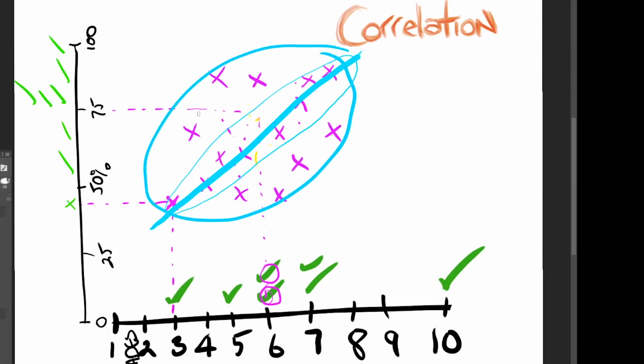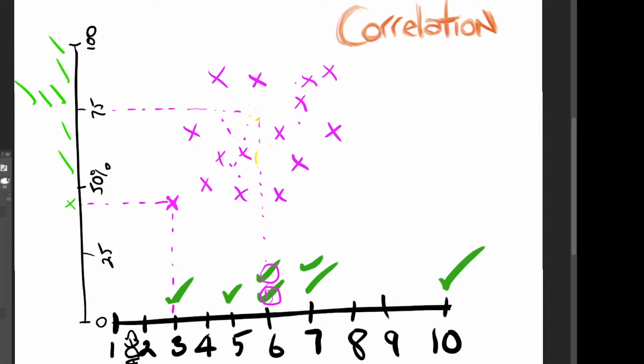Now, the reason for this, if you think about effort and grades, is that we might have this person here who got a 7, but only got a fairly low grade. There's a number of reasons that might be the case. They might be reporting that they put in heaps and heaps of effort, but in actual fact, they didn't really.